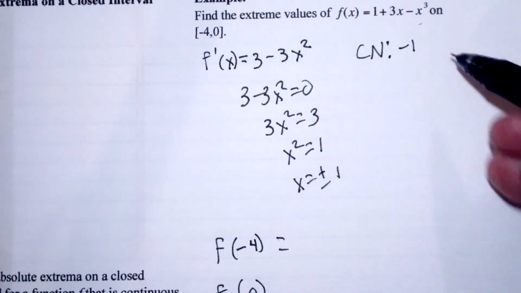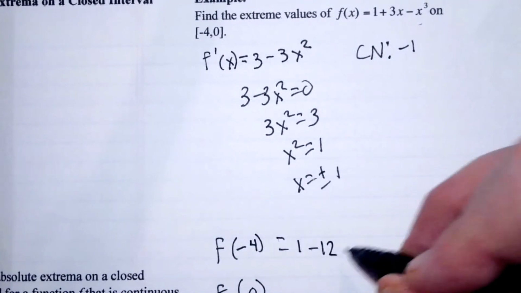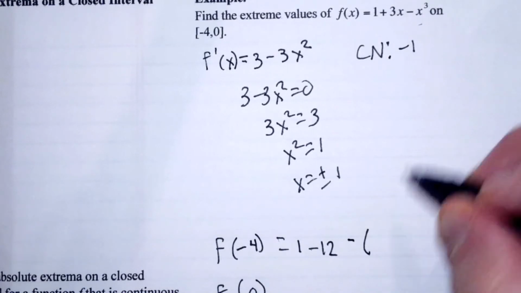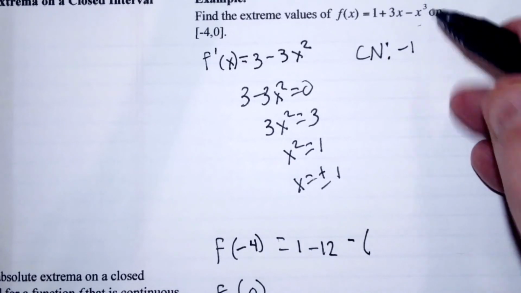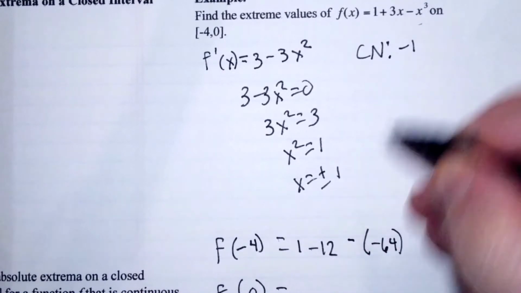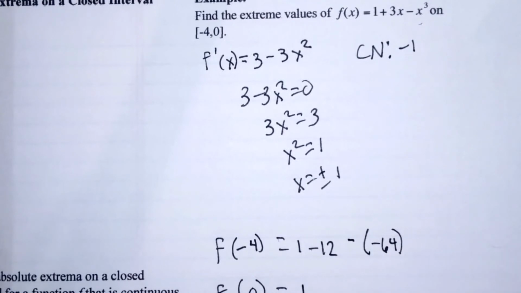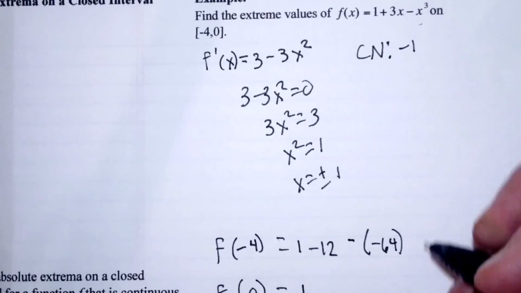f of -4 is going to be 1 minus 12 minus -4 cubed, which is -64, I believe. Substitute in 0, and that's 1. Well, that was easy. And f of -1 is 1 plus 3 times -1 minus -1 cubed, which is -1.